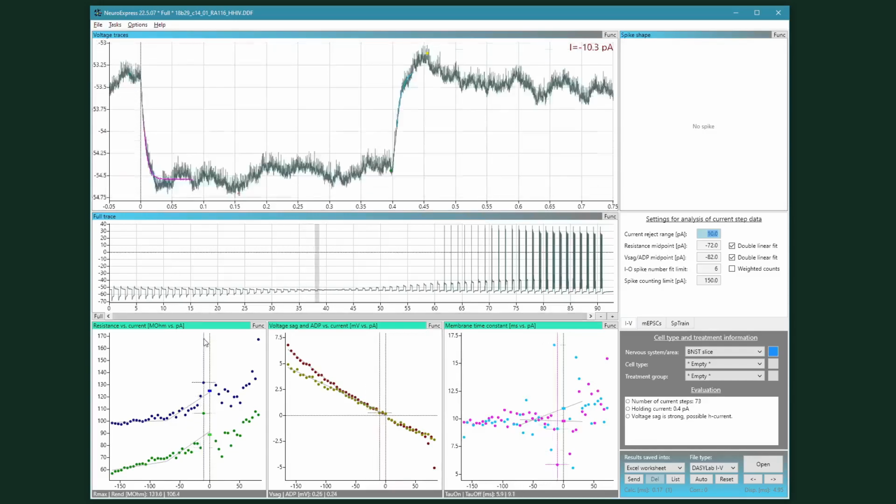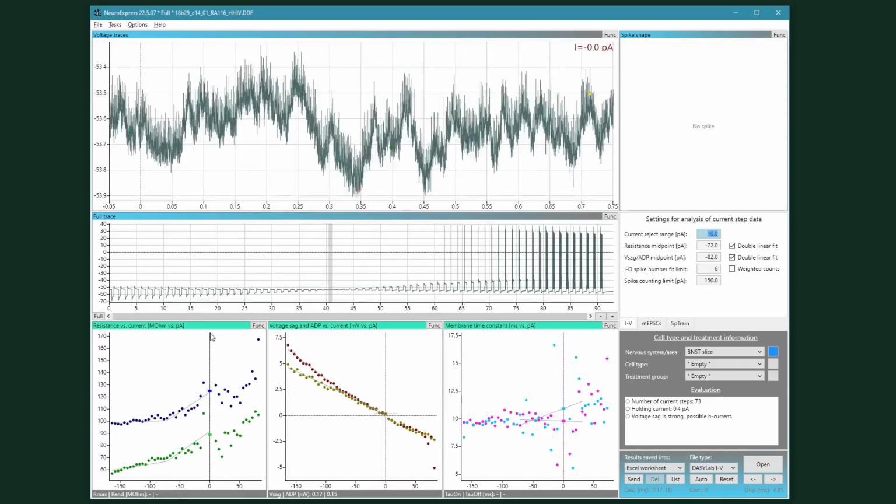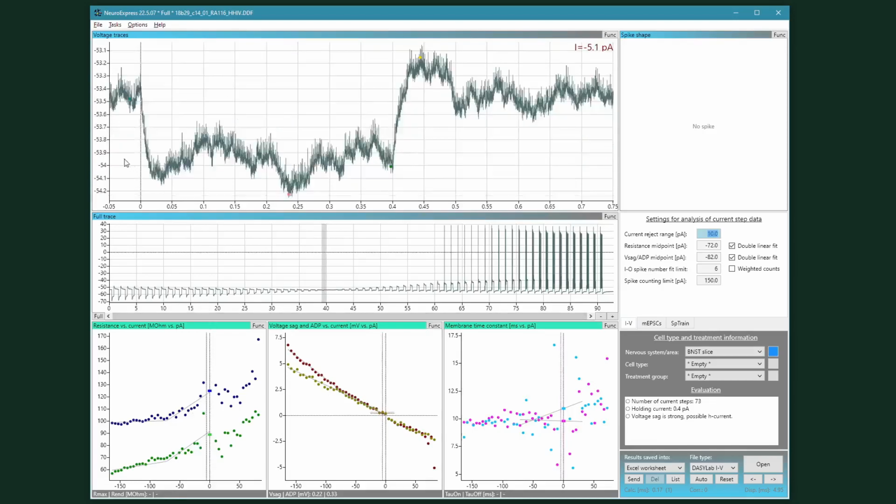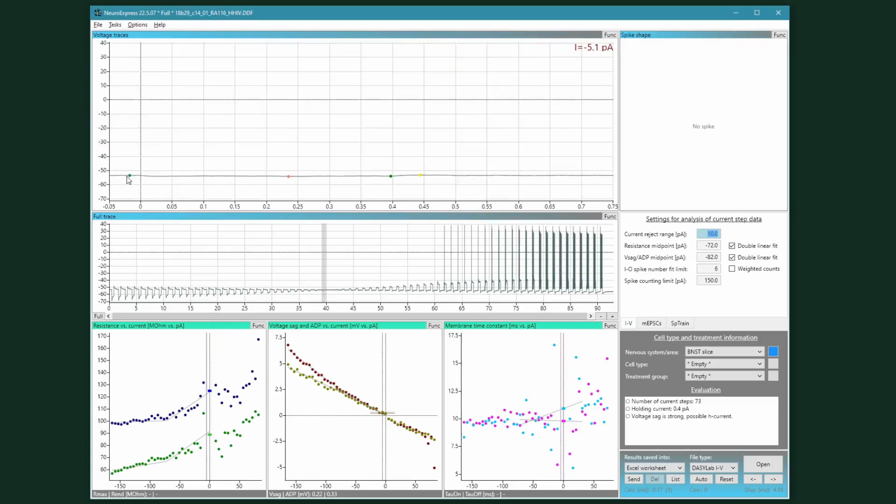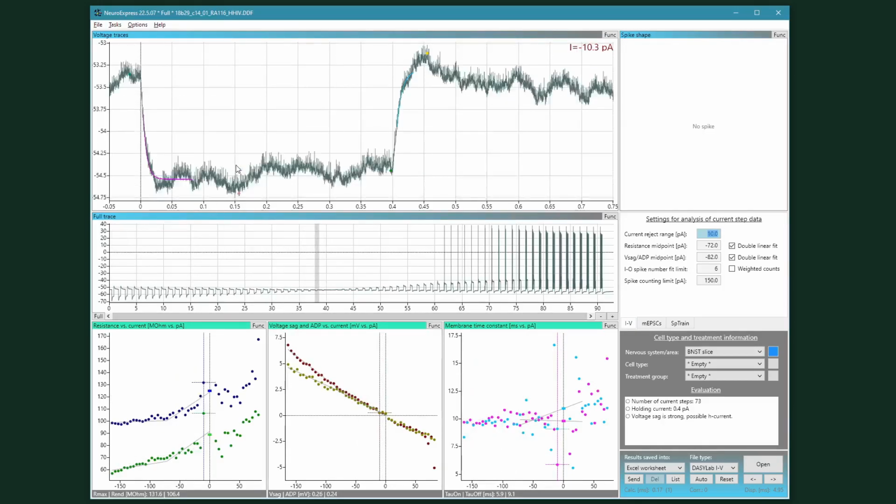But when we are getting very close to the zero current step, the voltage deflection becomes very small. Yes, like here it's very small. And the current will also get very small. So we are dividing a small number with another small number.